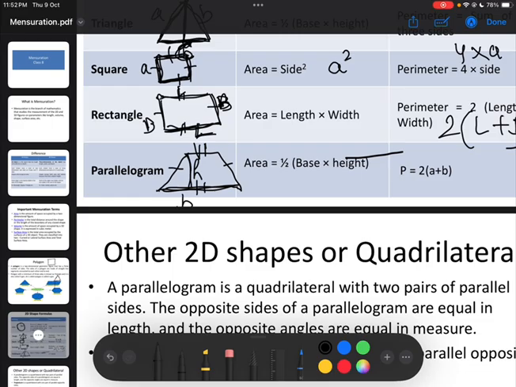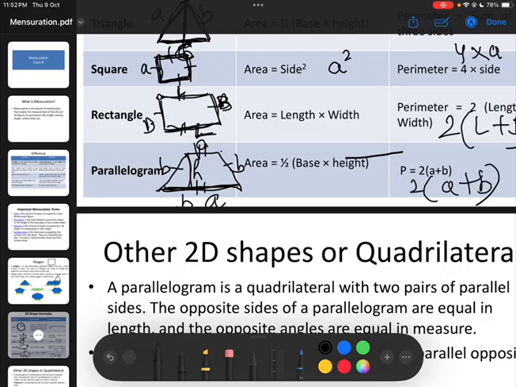And if we calculate the perimeter of the parallelogram, then this is A, this is B, this is A, and this is B. So the perimeter of the parallelogram is 2 into A plus B.